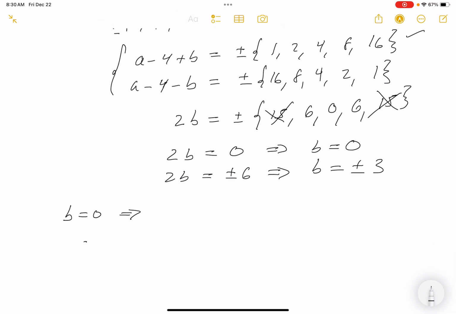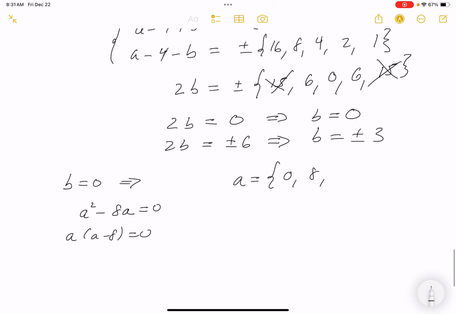You get A squared minus 8A equals 0. And what do you get there? A, and then you get A minus 8 equals 0. So I'm going to say I got some possibilities now. The A could be 0, or it could be 8. All right? So 0 or 8. Let's do the other one, and let's do A squared minus 8A is equal to 3.